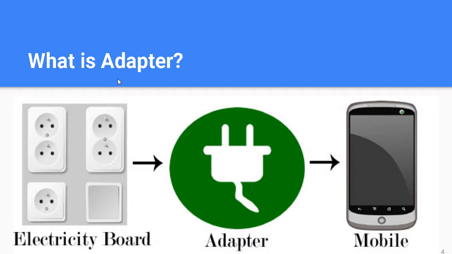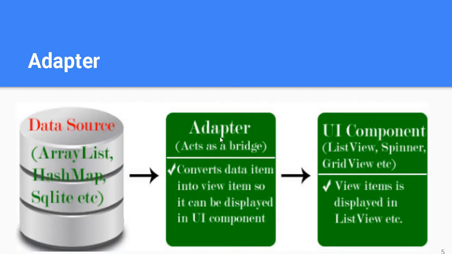So this is the adapter. You can see your mobile is charged using a bridge, or you can say a cable, which provides power from your electricity board to your mobile. So this becomes a bridge between your electricity board and mobile, and an adapter is the same. Your ArrayList, a map, SQLite are called data sources.